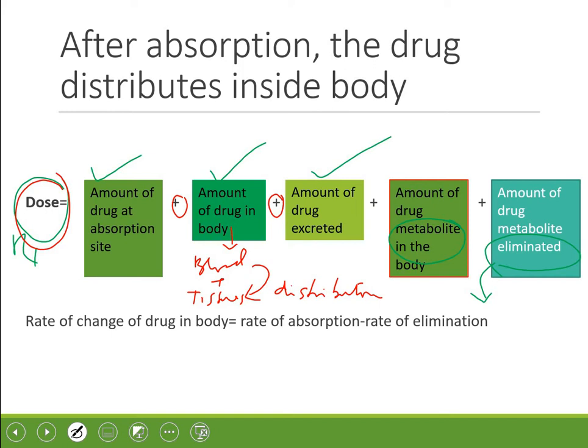So what is important: when you take a dose of a drug, it is absorbed, distributed, metabolized, and then eliminated. So let me draw for you four words: ADME. Absorption, distribution, metabolism, and elimination.